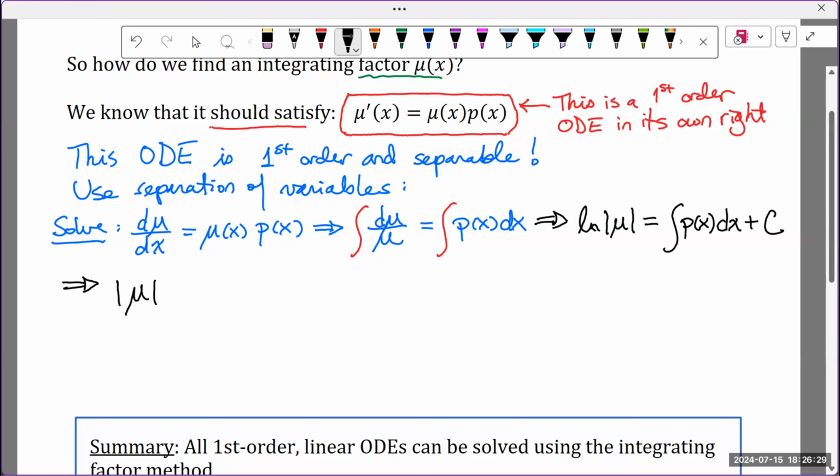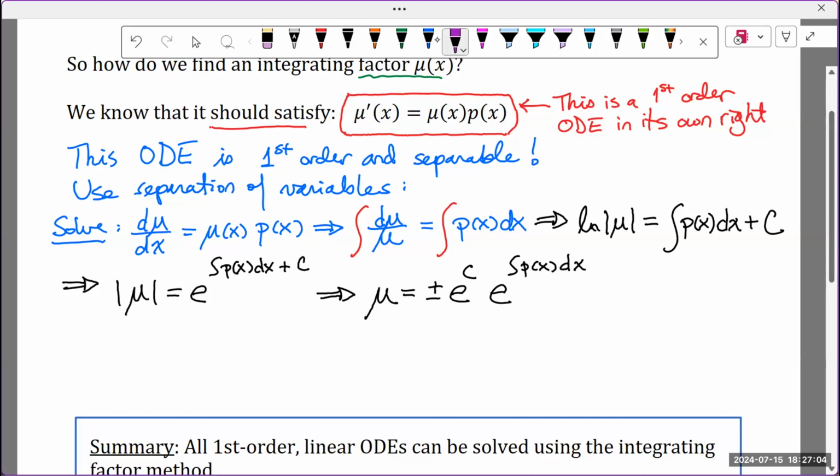So we have the absolute value of mu becomes e to the integral of p of x dx plus that constant. And just like we did last time we talked about separation of variables, we can pop off that absolute value, and we have a plus minus e to the constant times e to the integral of p of x dx.